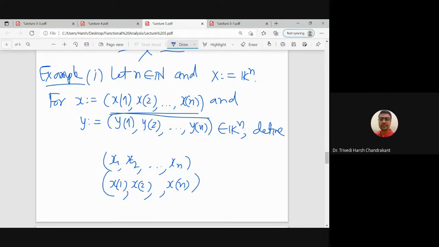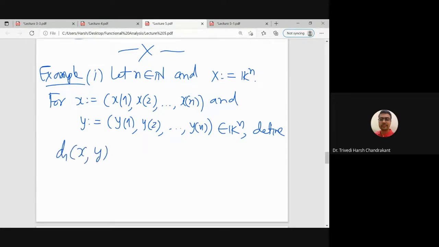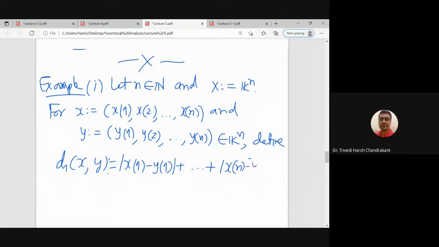Basically we are using the definition of a sequence, just a different notation for n numbers. We are defining the distance function d1 of xy to be modulus of x1 minus y1 plus, up to, the last term modulus of xn minus yn. So we are taking the difference of each coordinate, taking the modulus, and adding them.